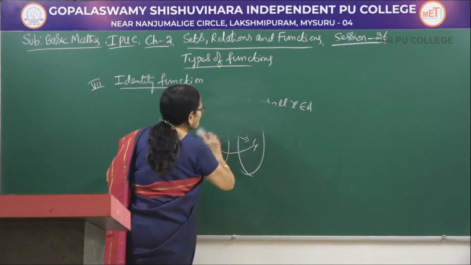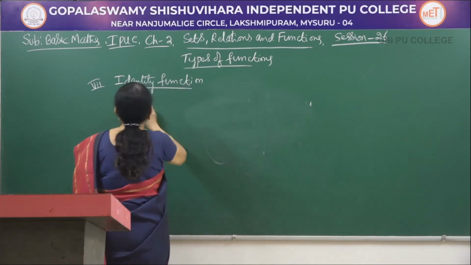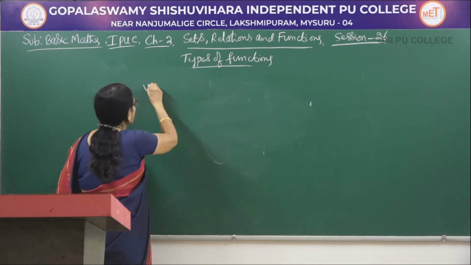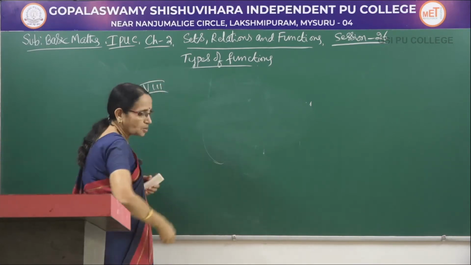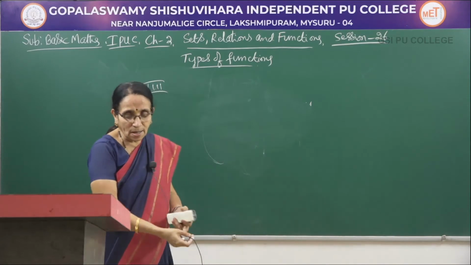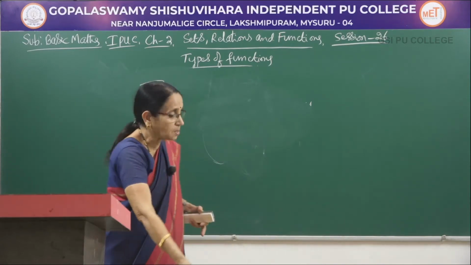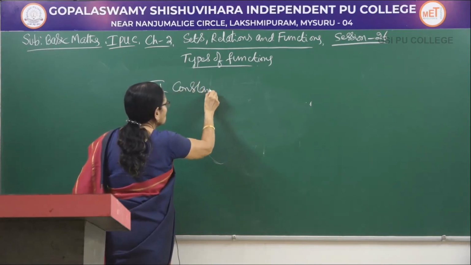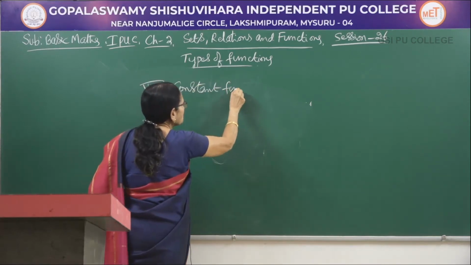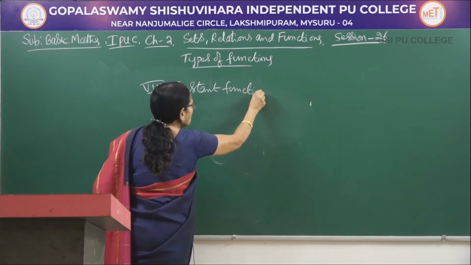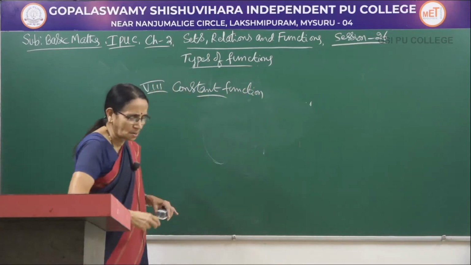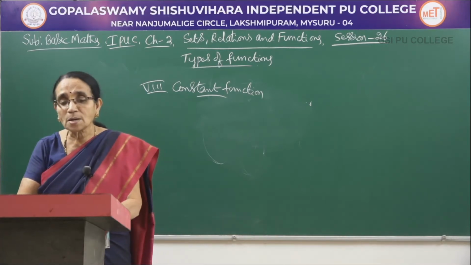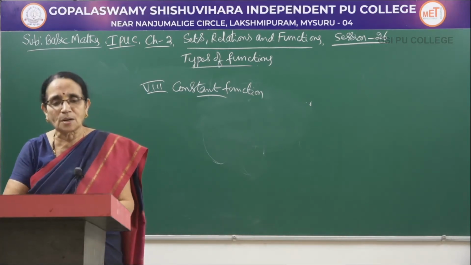The next function is called a constant function. See, the names are given in such a way that by looking at the names, we can say what the definition of the function can be.